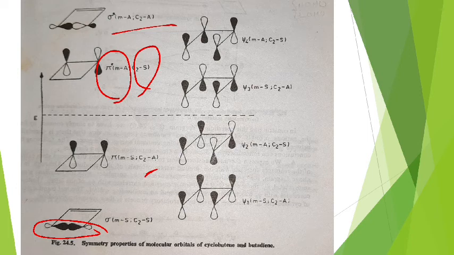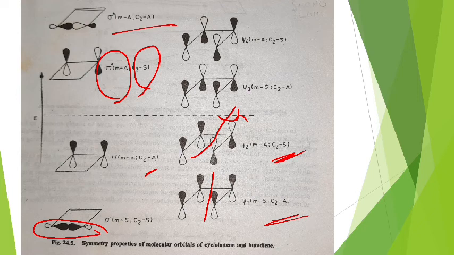In butadiene, the psi1 orbital is symmetric with respect to mirror plane and anti-symmetric with respect to C2 axis. The psi2 of butadiene is symmetric with respect to C2 axis of symmetry but anti-symmetric with respect to mirror plane.